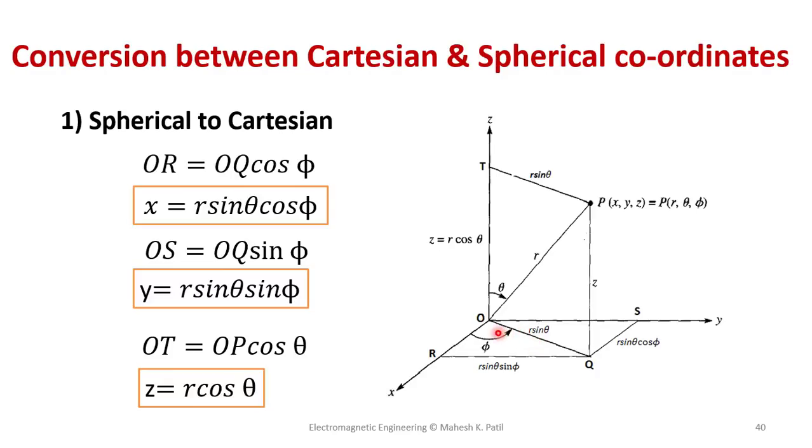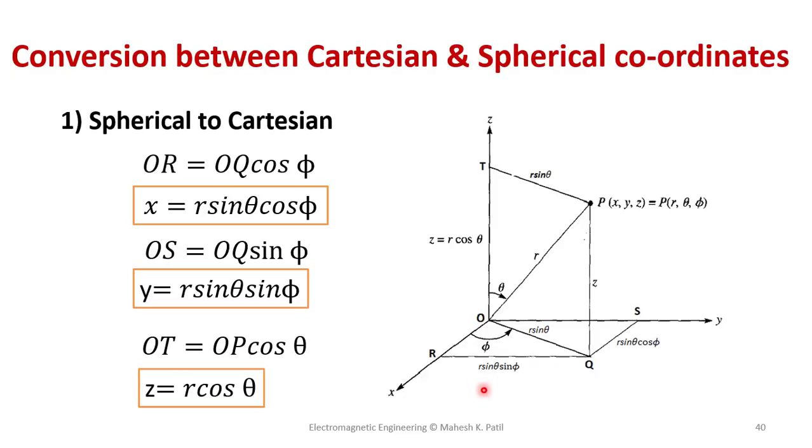Now consider the triangle ORQ. In this triangle OR is equal to SQ because these are parallel. Similarly RQ is equal to OS because these are parallel. Now in the triangle ORQ, if you calculate sin phi, then we will get the answer for this RQ side.